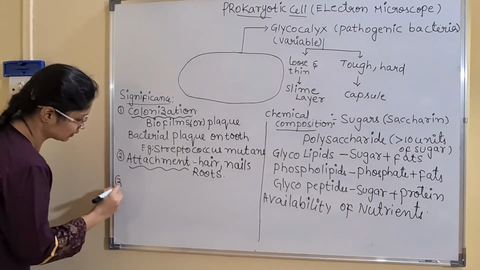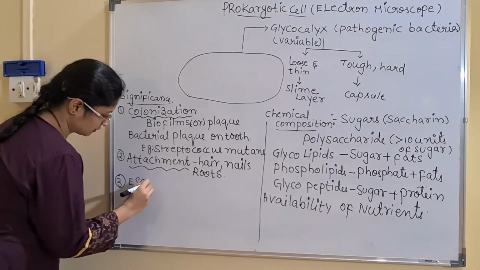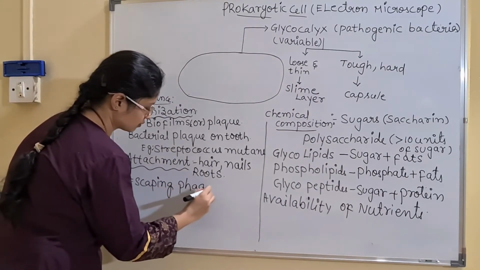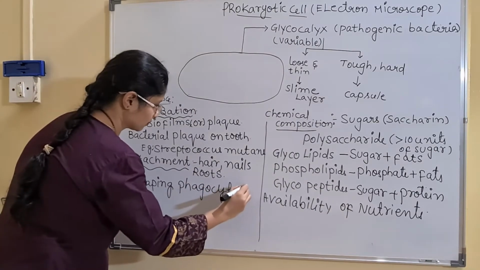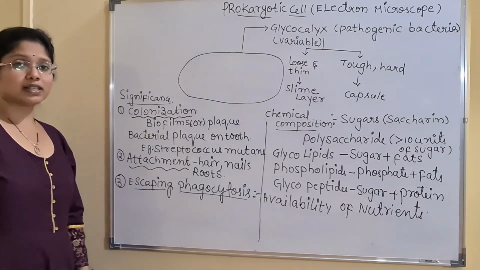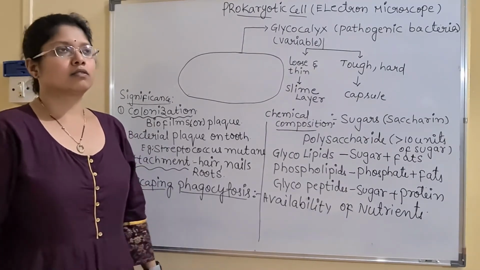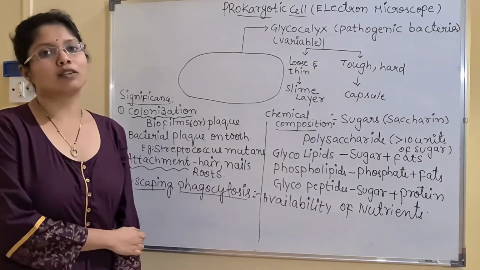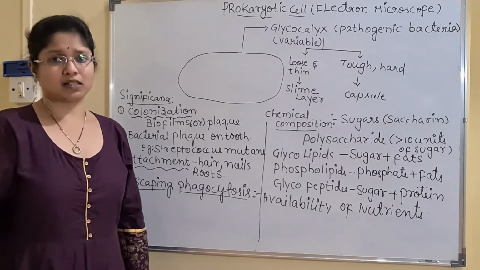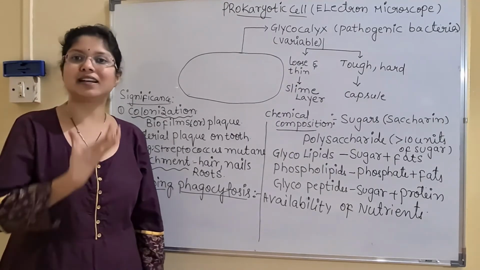The third important function is that it helps in escaping phagocytosis. What is phagocytosis? Phagocytosis is nothing but a kind of immune reaction. Let us say for the human body, if a foreign particle or a foreign object is entering inside the human body, what will happen? Will it be calm? The human body will immediately create a reaction.